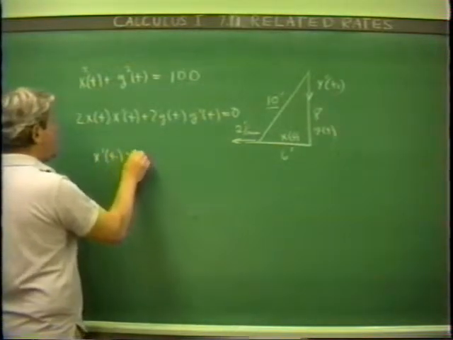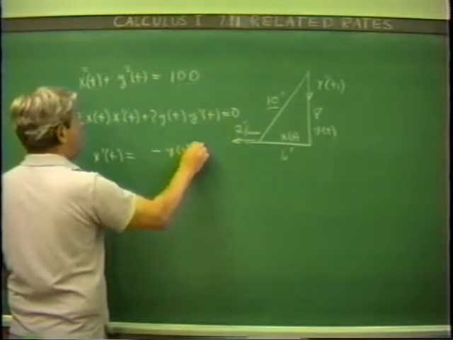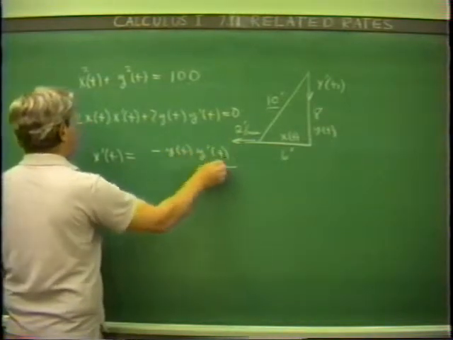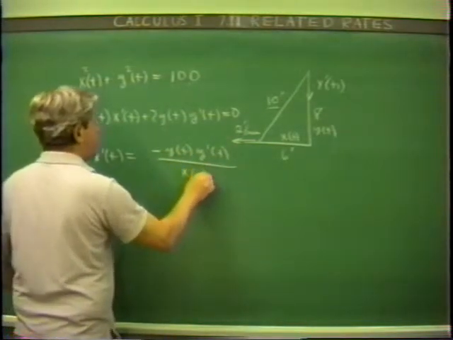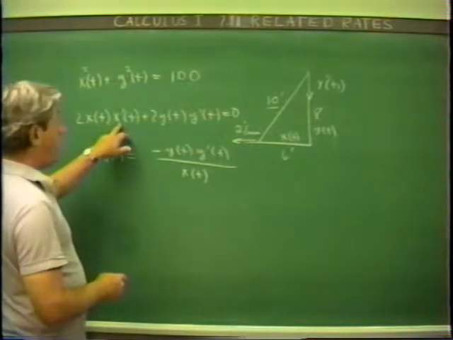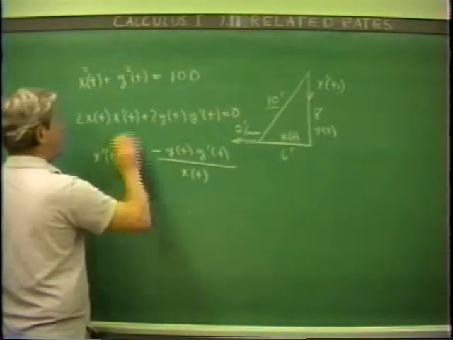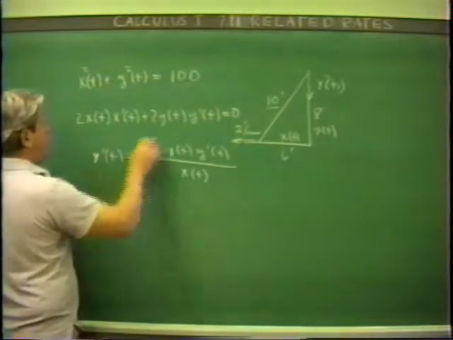Right? And now if we solve this for x prime of t, we get that x prime of t is equal to minus y of t, y prime of t, divided by x of t. But I want to solve this for y prime of t.